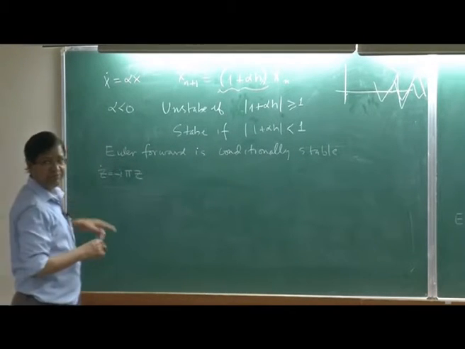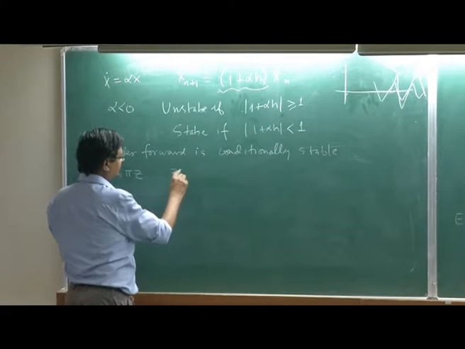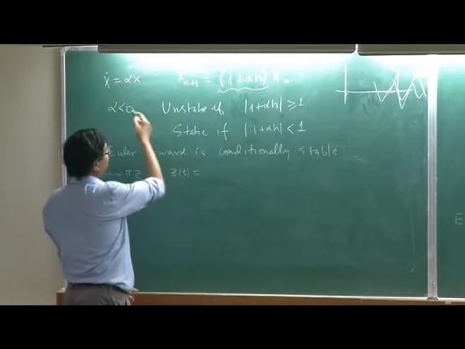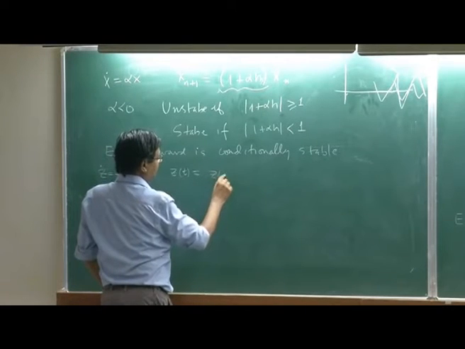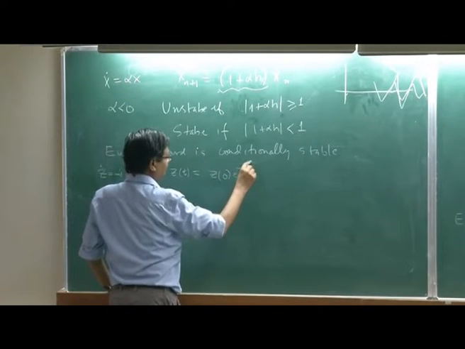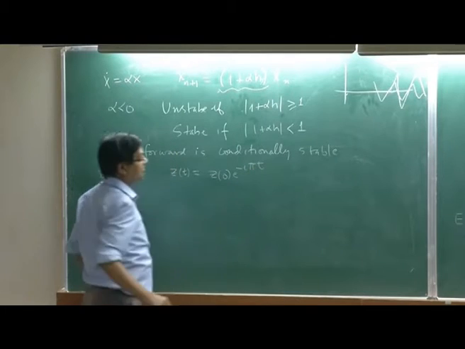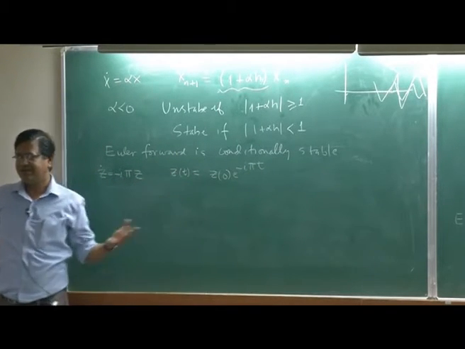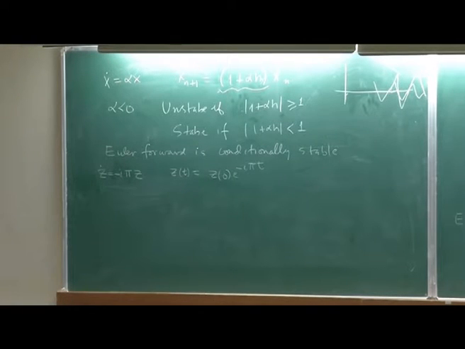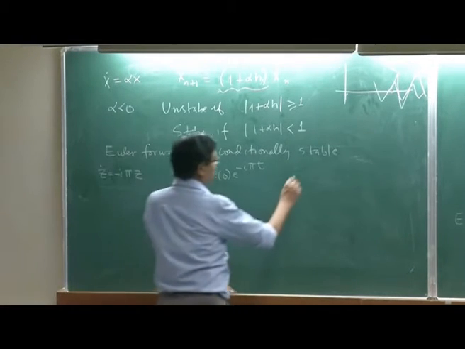The solution is oscillatory. So z of t is the same solution, no? z is complex. So z0 e to the power minus I pi t. It is oscillating. It is a complex number, but it is going on a circle in the complex plane.